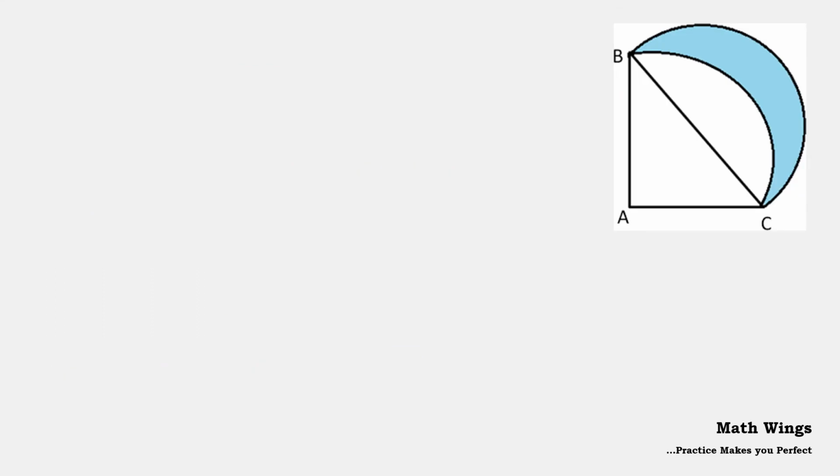Here we can write the area of the segment using the value of the area of the sector and the area of the triangle. Therefore, the area of the segment is equal to 154 minus 98, that is equal to 56 centimeter square, correct?